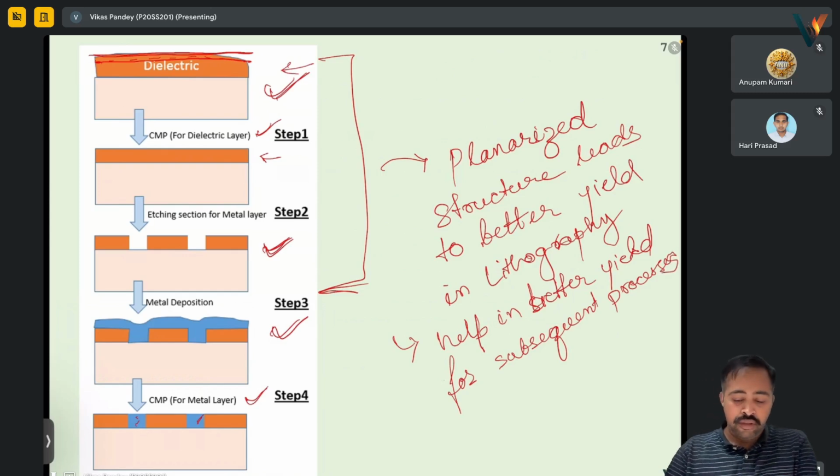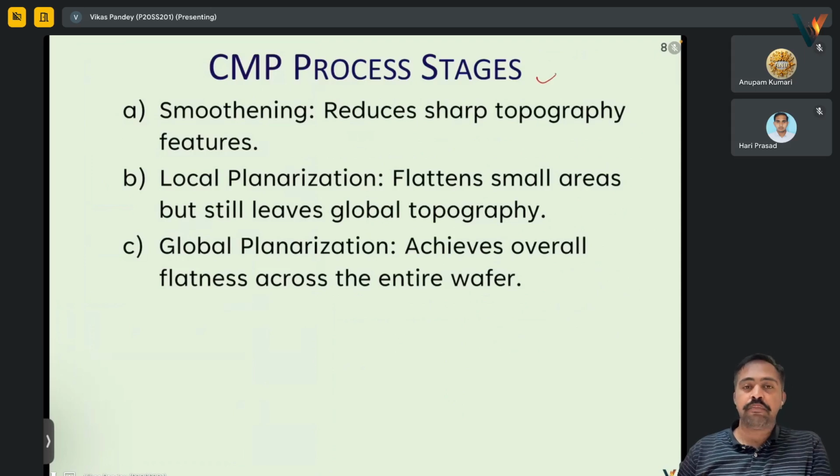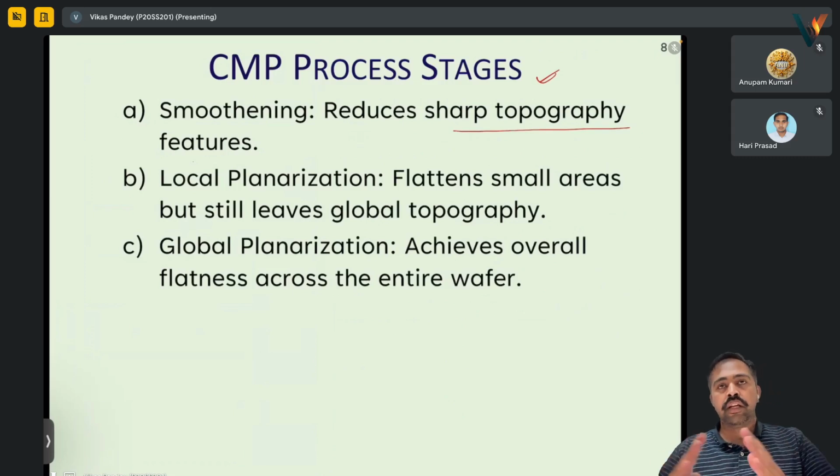Okay. So what are the stages of a CMP? First is smoothing. This reduces sharp topography features. There can be some features, say on the wafer.